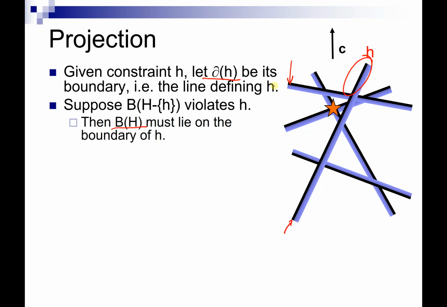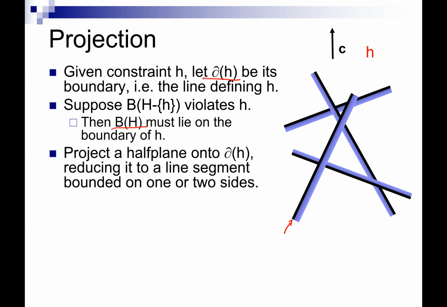Because they all violate this constraint over here. So we need to remove all of these points, but we are still allowed to consider all the points down here. So when you project this constraint onto little h, what you are going to get is this line over here.